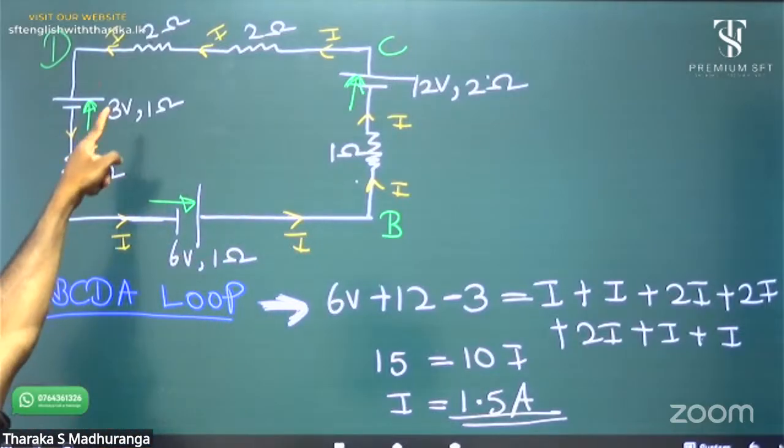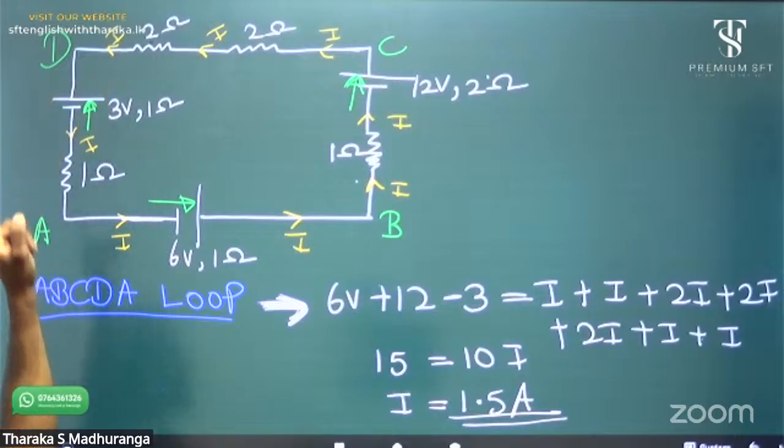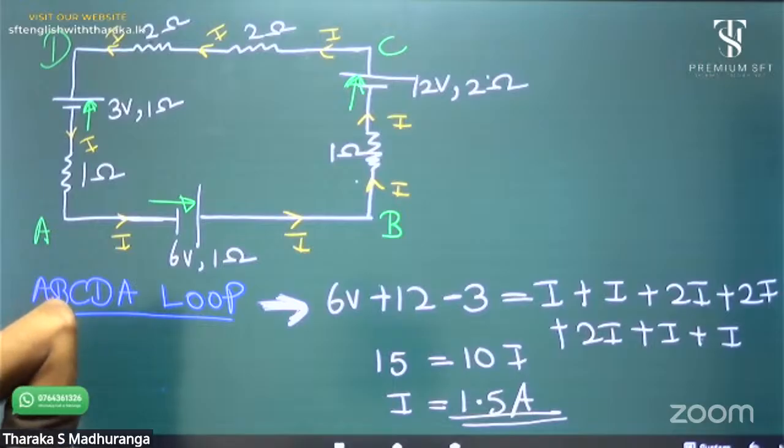Like the tree, we are coming in the downward direction, the arrow is in the upward direction. That side is negative. Fatima, what is your mistake?